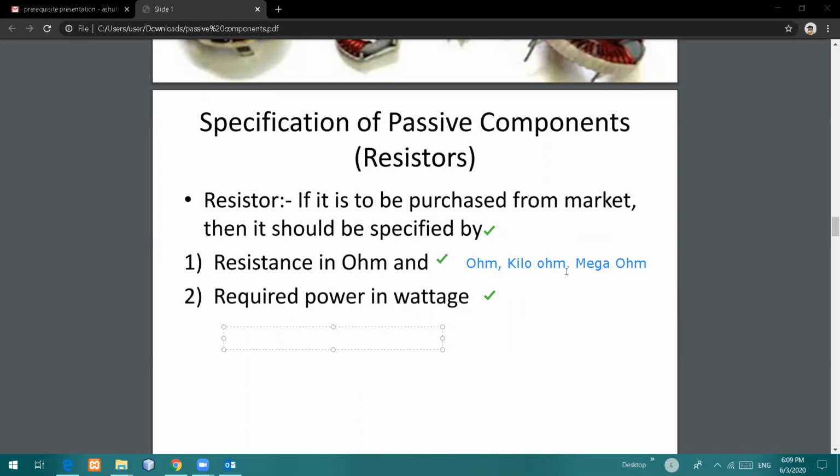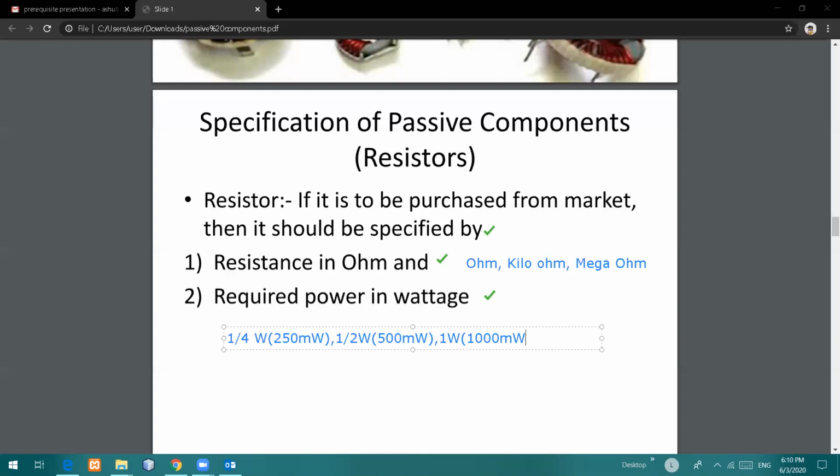Similarly, wattage is specified by 1 by 4 watt, which is also equal to 250 milliwatt. Then second is 1 by 2 watt, which is also equal to 500 milliwatt. Next 1 watt, which is also equal to 1000 milliwatt.